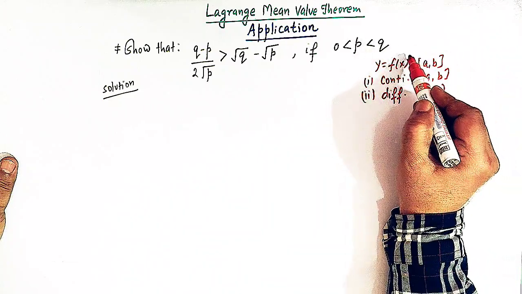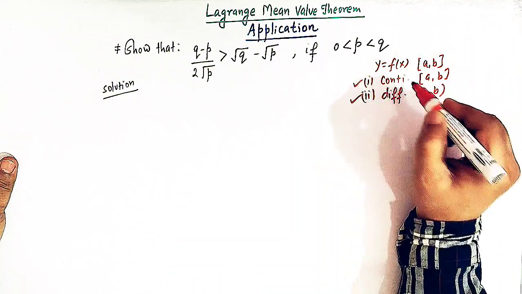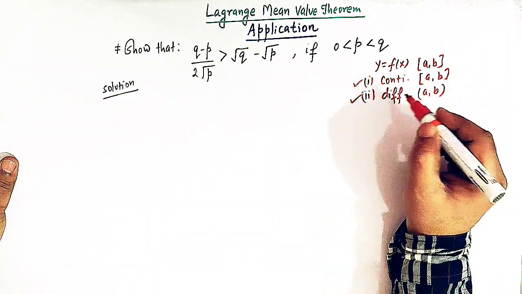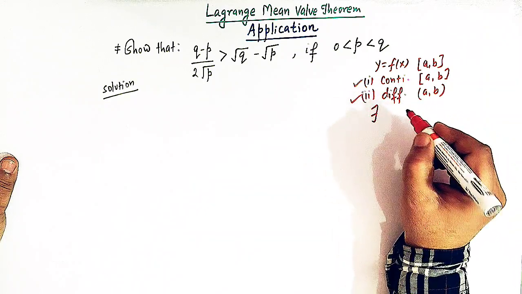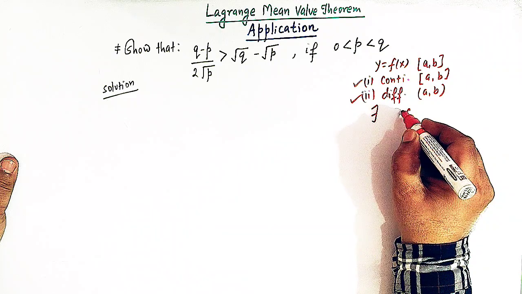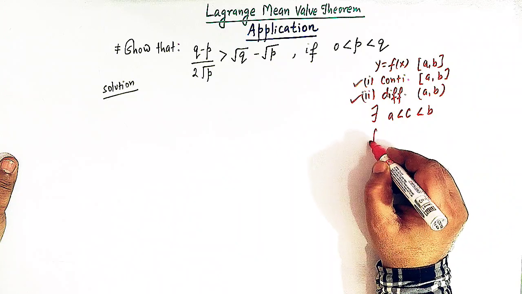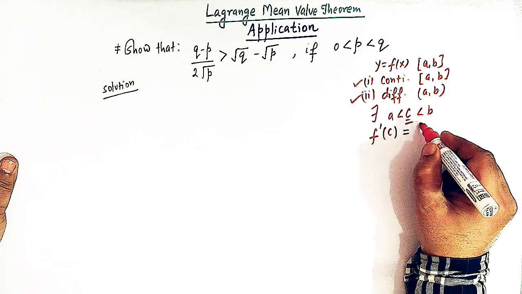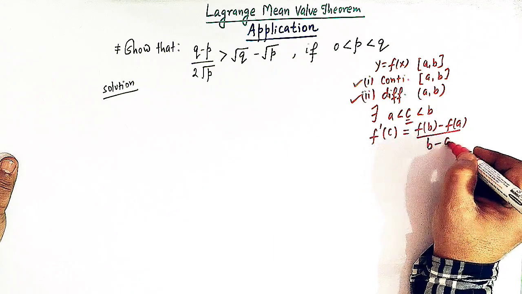Once this function satisfies these two important conditions of continuity and differentiability in the required intervals, then Lagrange's mean value theorem says that there must exist at least one point, say c, lying between a and b, such that the derivative of this function f of x at this point, that is f prime of c, must be equal to f of b minus f of a divided by b minus a.